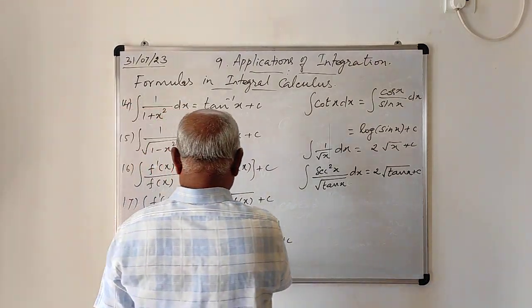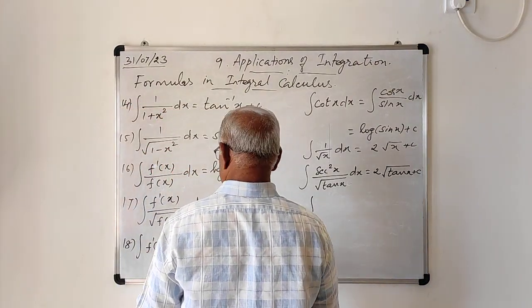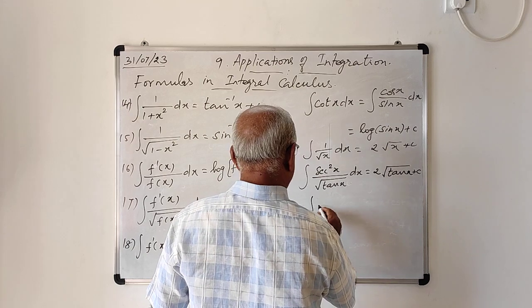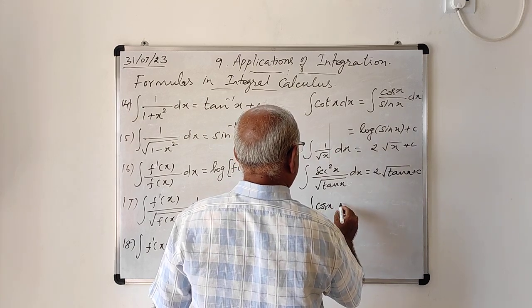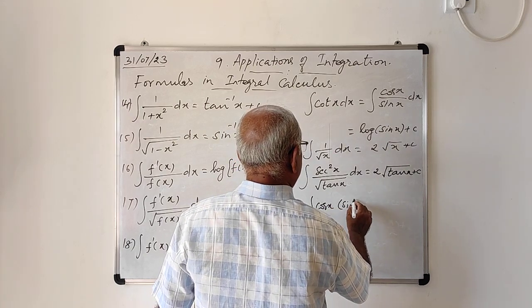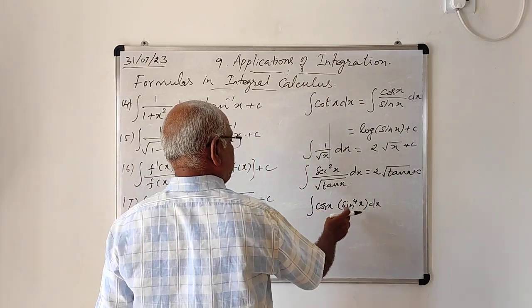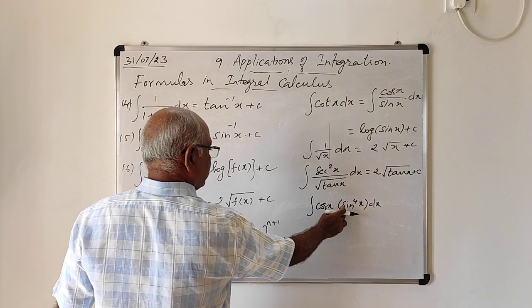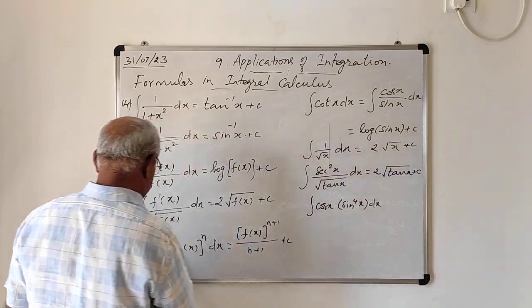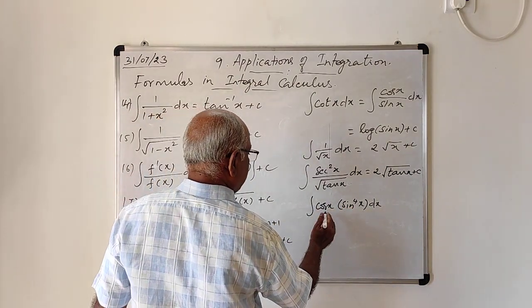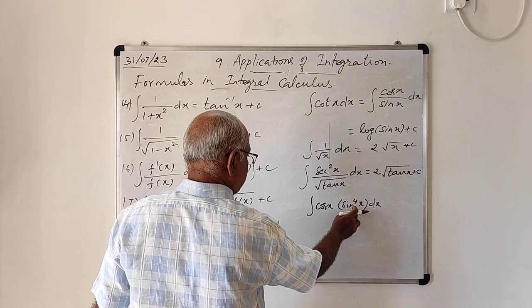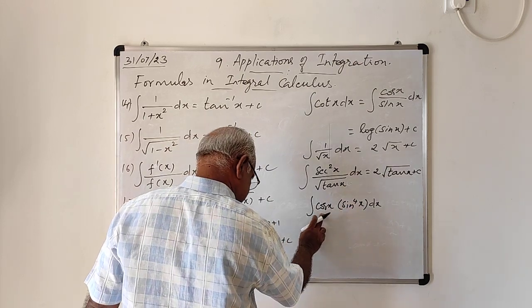How can you use this result? The integral of cos x into sin power 4 x dx. See, f of x is sin x, and the derivative of sin x is cos x, which is f dash of x.